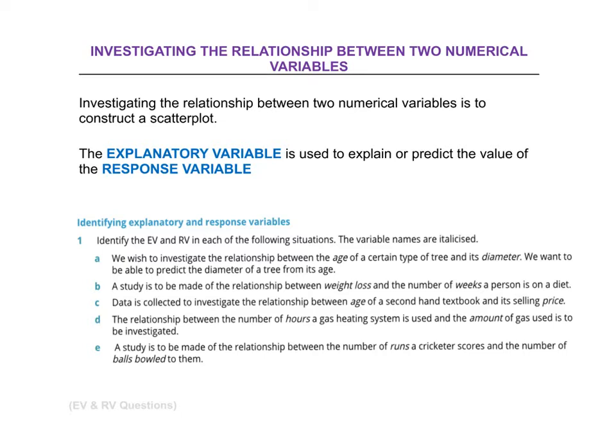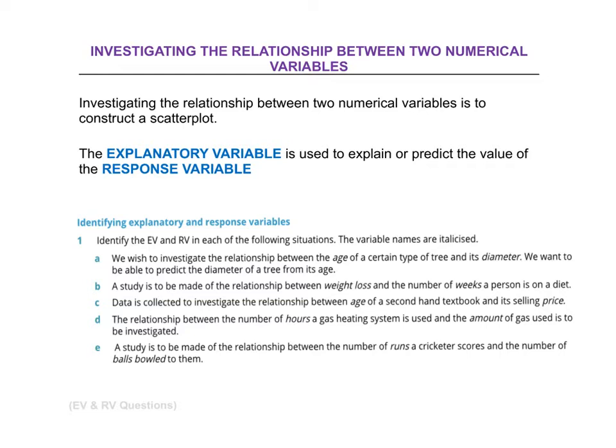Okay, so at the start now, we're going to be investigating the relationships between two numerical variables. So that's when we get two lists and the two pieces of data that we're collecting are numerical variables. The one I said before, they were both numerical. Your weight is a number, yeah?